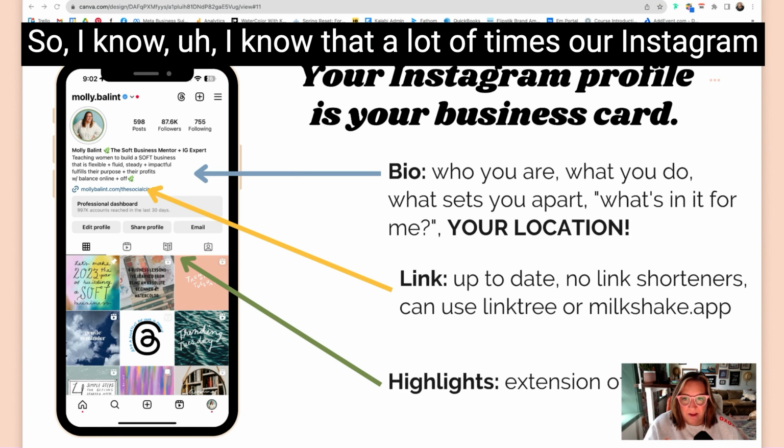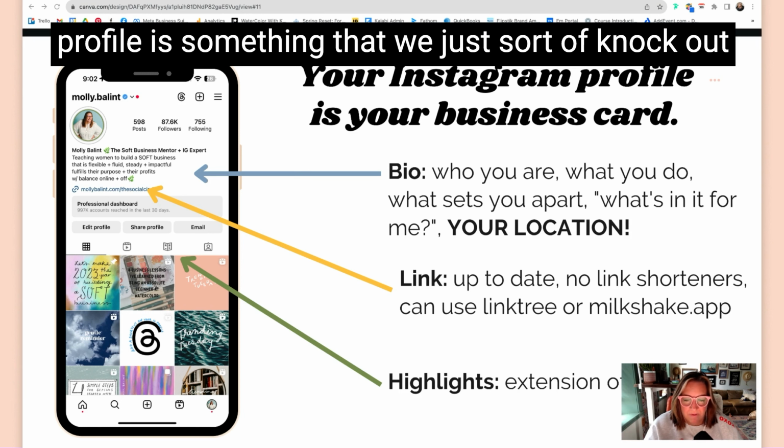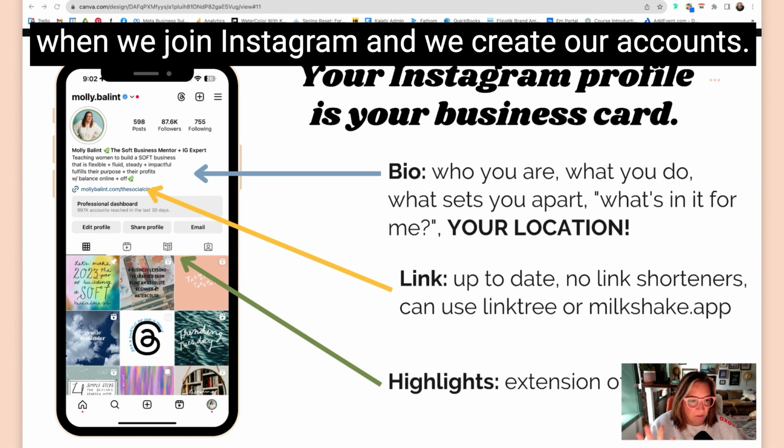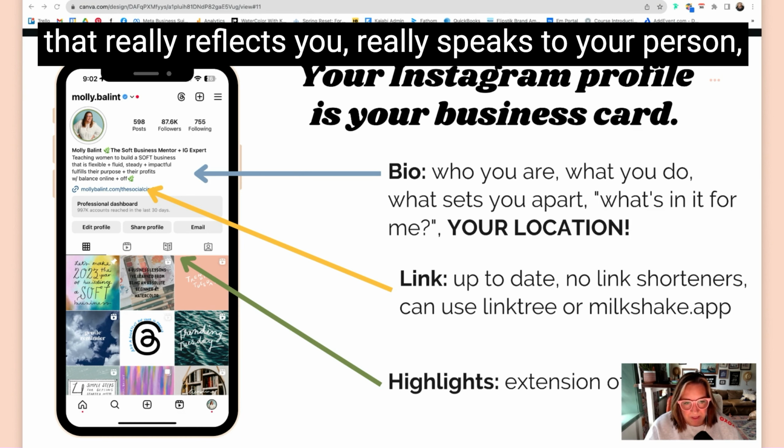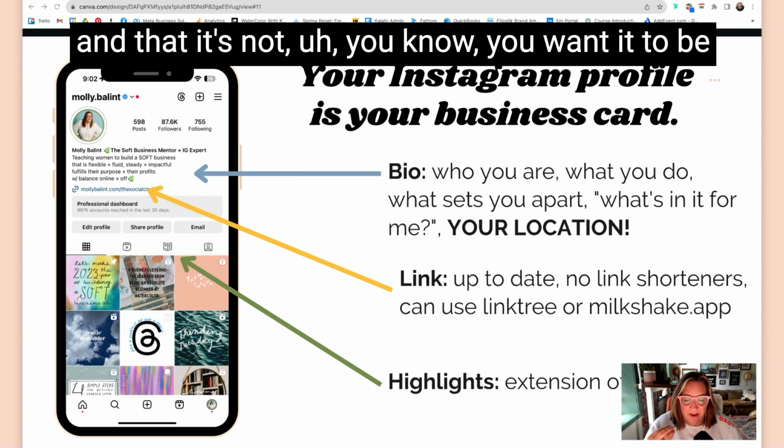I know that a lot of times our Instagram profile is something that we just knock out when we join Instagram and create our accounts. But if your profile isn't set up in a way that really reflects you and speaks to your person, it's not as effective as it could be.